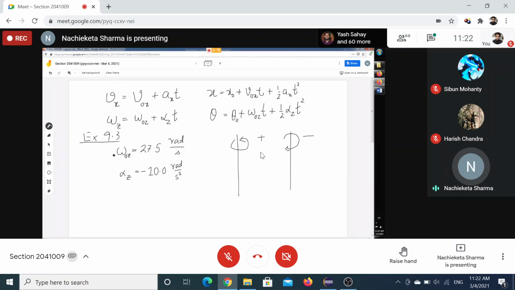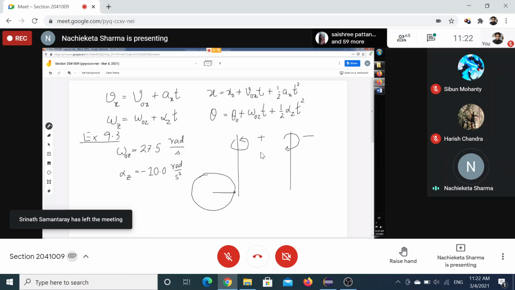And we will see that. Now, a line PQ on the disk surface lies along the positive x-axis at t is equal to 0. Suppose this is your disk, and this is its center. The line PQ is lying on the positive x-axis at t is equal to 0.